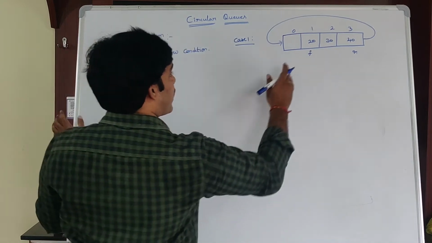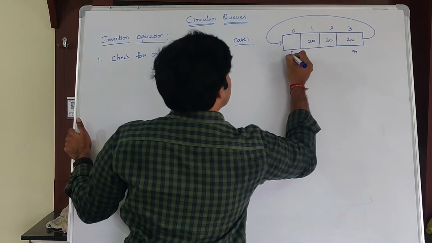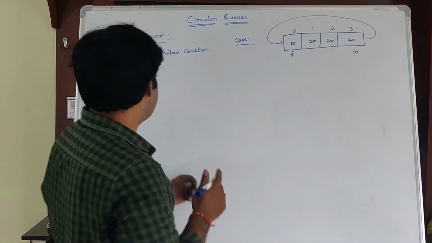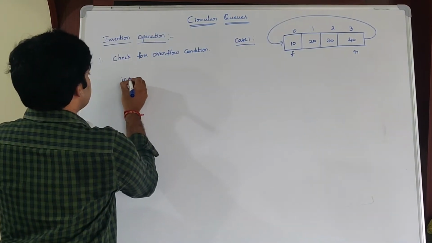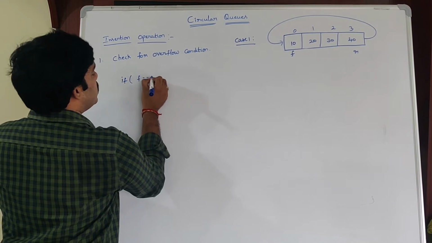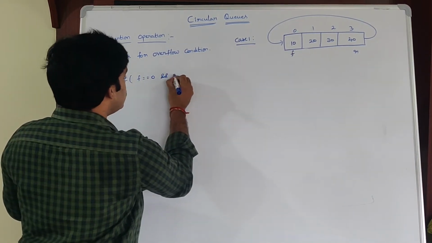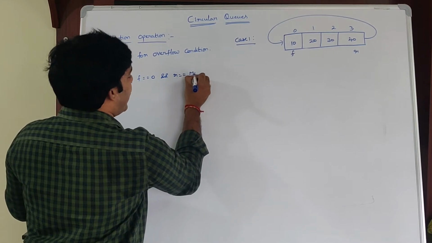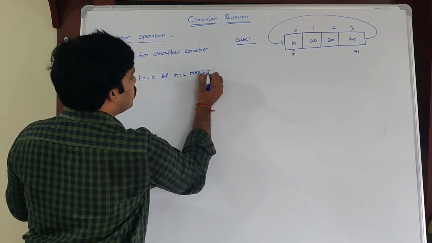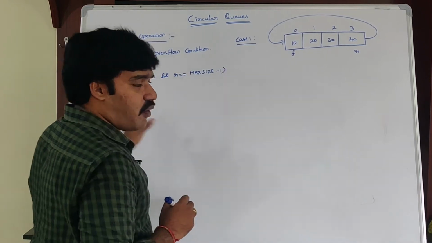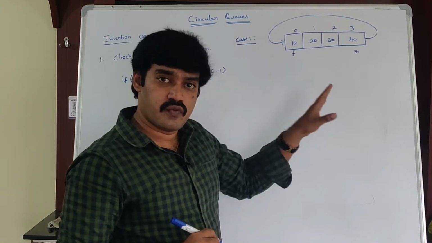To overcome that, we go for the concept of a circular queue. So what is the first condition? If F is equal to 0 and REAR is equal to max size minus 1, that indicates our circular queue is full.